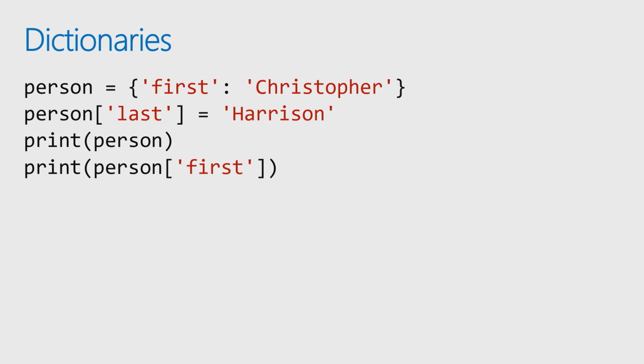The way that we create a dictionary is very similar to how we would use, say, JSON inside of JavaScript, for those of you that are familiar with JSON. We've got a curly brace at the very beginning there. And then what we've got is our key value pair here. So our key is first, and then our value is Christopher.